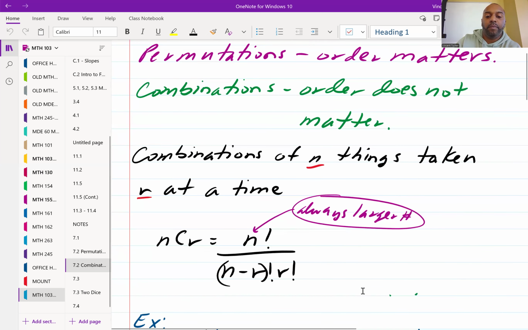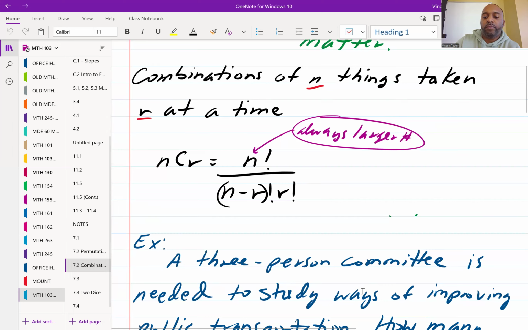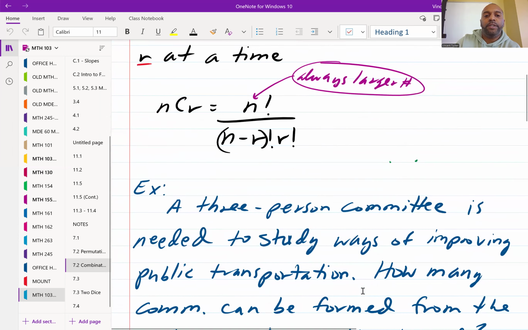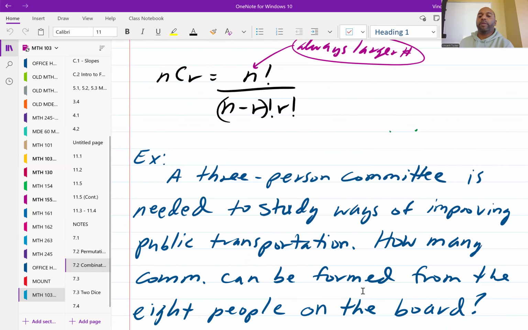All right, we'll look at a problem that uses combinations. We have a 3-person committee needed to study the ways of improving public transportation. How many committees can be formed from the 8 people on the board?